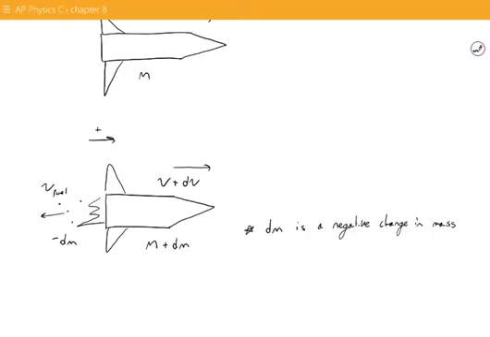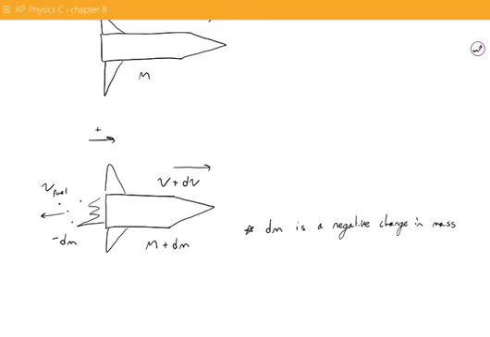We need to keep in mind that the reference frame of the rocket, which is where the fuel is being launched from, is moving. So the velocity of the fuel with respect to the rocket is the thrust, or related to the thrust, but it's not the velocity outside of the reference frame of the rocket.